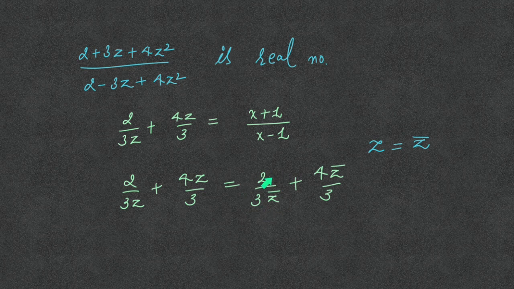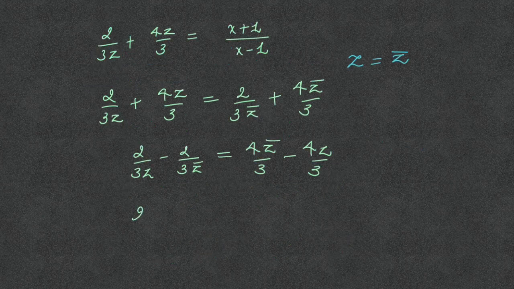Take this 2/(3z̄) to the left hand side, we get 2/(3z) − 2/(3z̄) equal to, and now take this 4z/3 to the right hand side, we get 4z̄/3 − 4z/3.